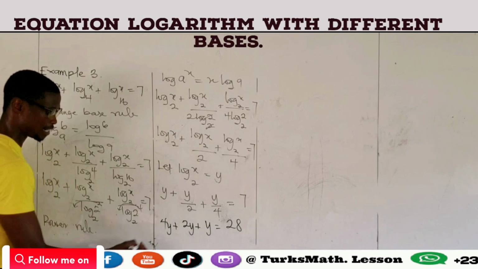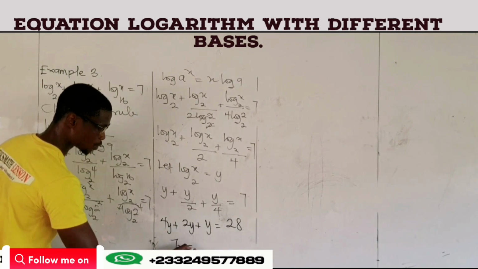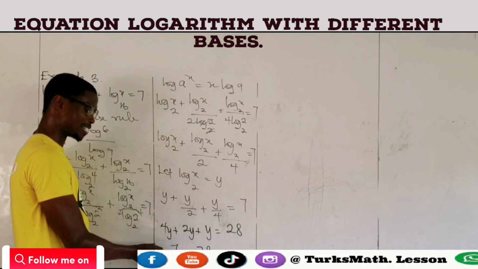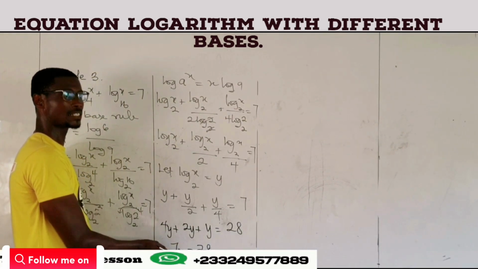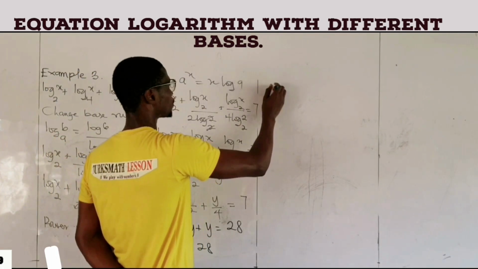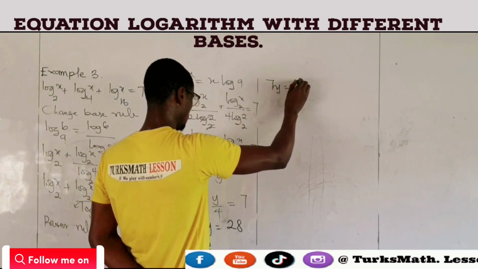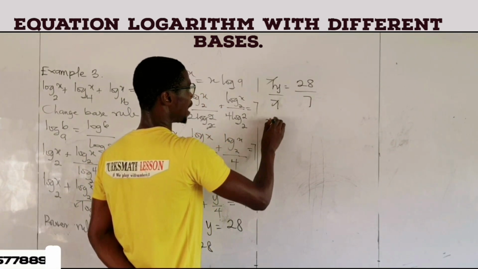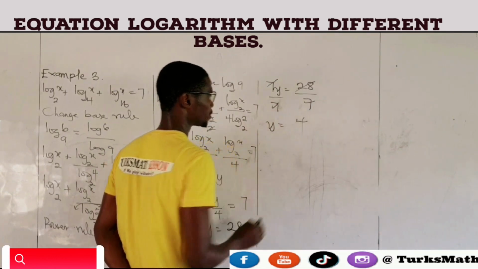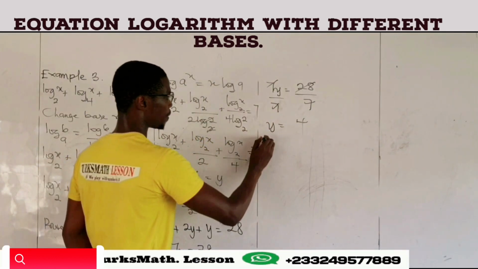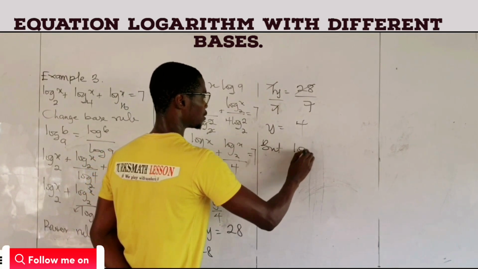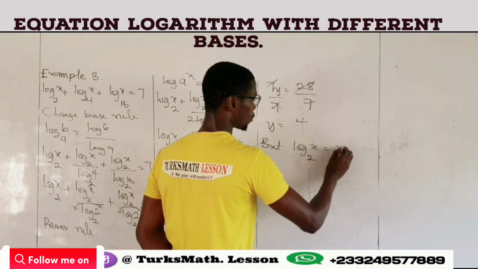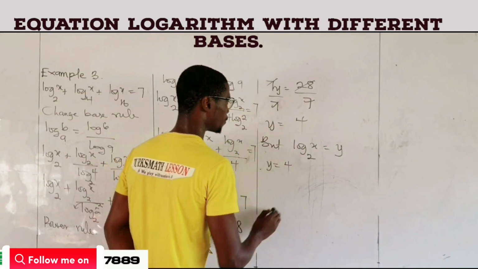Yes. So now let's add this. We are going to have 7y equals 28. You divide both sides by the coefficient of y. The coefficient of y is 7. So you have y equals 4. Is that the end? No. But log x base 2 equals y, and our y here equals 4.